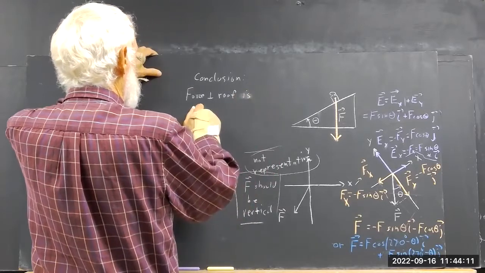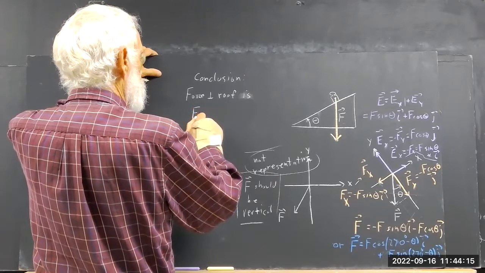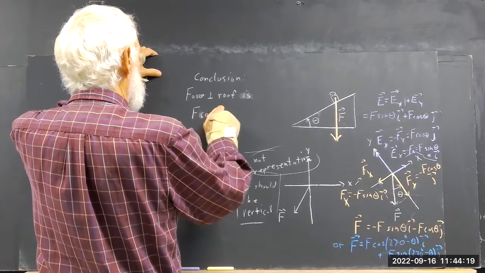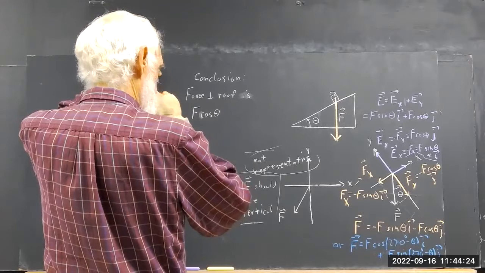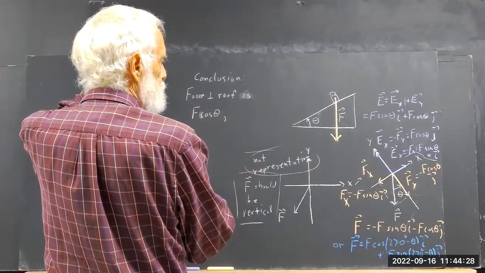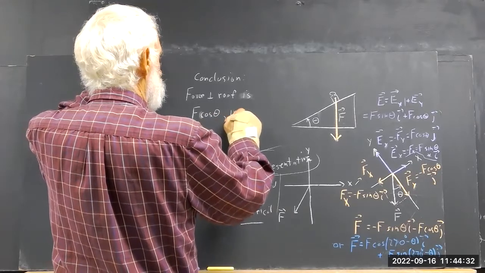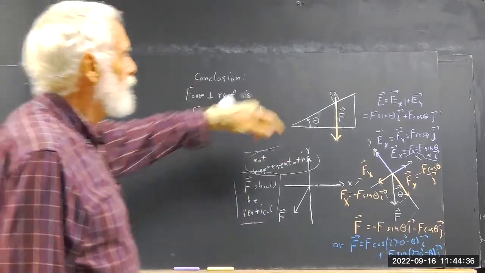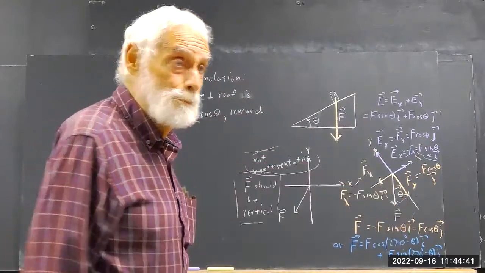I'll write it this way. It's F cosine theta, the more intuitive idea. I'm going to say inward because it's in this direction, in toward the house, right?